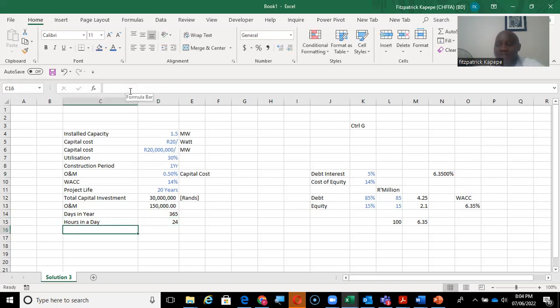I think we were given a formula already. So here first we need to find the energy. So under energy, we can find the kilowatt hours.